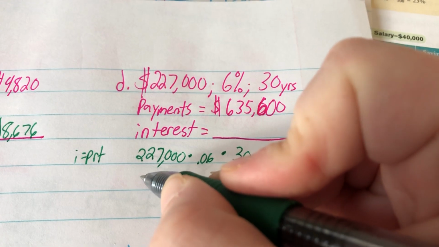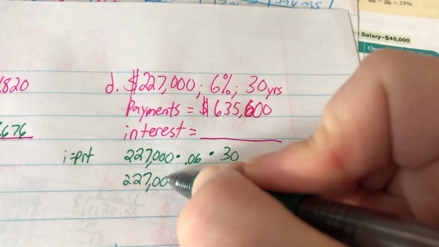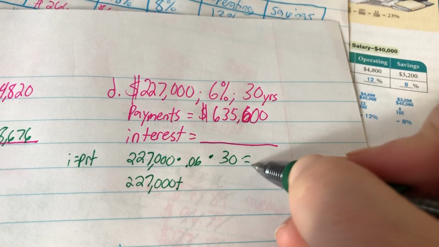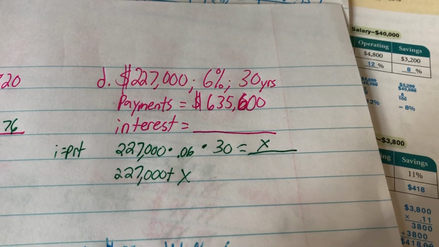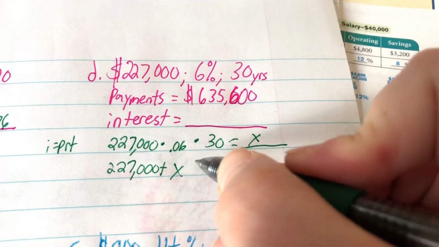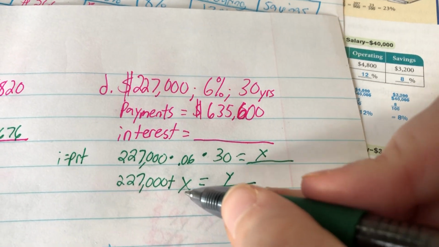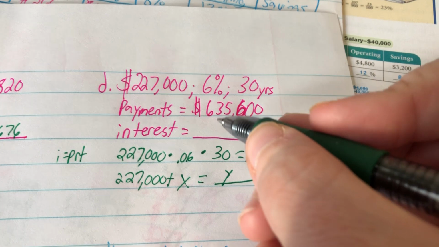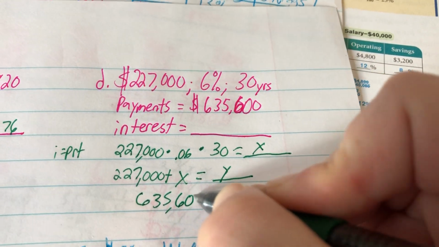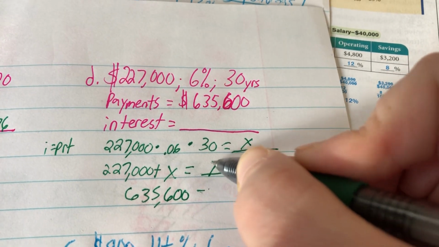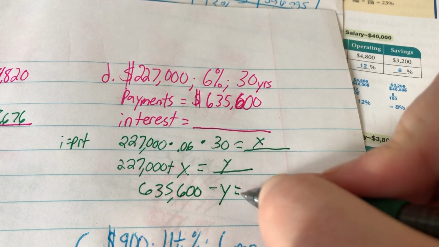Then we'd add that interest to the principal, so then it'd be 227,000 plus whatever that was. We'll say X plus X, and then let's say that equals Y, and then you would take what they actually paid, so 635,600 minus whatever you got here, Y, and that would be your interest that you paid.